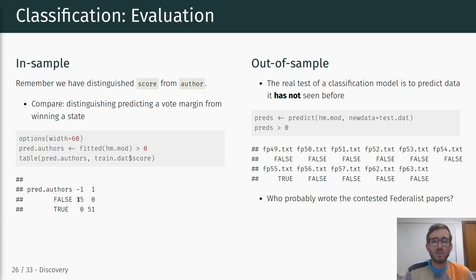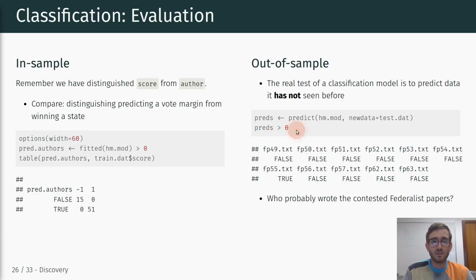So ultimately, the real test of a classification model is not to predict the data that we used to train the model, to estimate those coefficients, but to use it to predict data that it hasn't seen before, right? So now we're going to do the same thing. We're going to compute predicted values for a new data set, which is this testing data where the authorship was contested, okay?